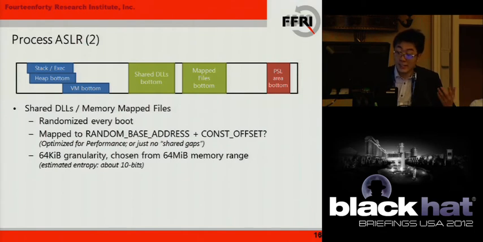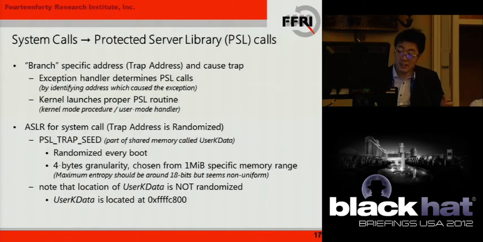Normally, operating systems for ARM architectures use the SWI instruction to make system calls. However, Windows Phone 7 uses a completely different way to make system calls. In this operating system, the PSL calls. The program makes PSL calls by making a branch to a specific address. These addresses are called trap addresses, and making a branch to them we call a trap exception.